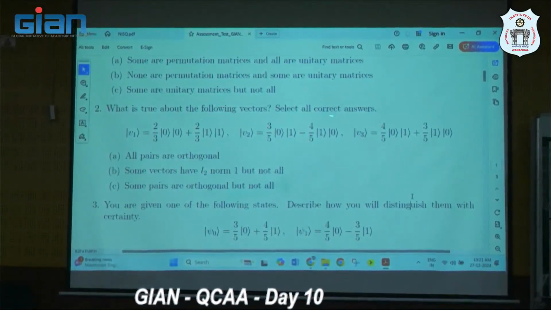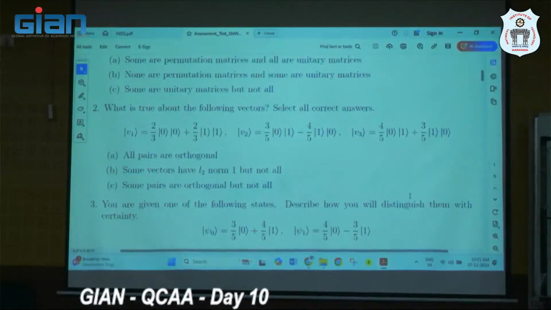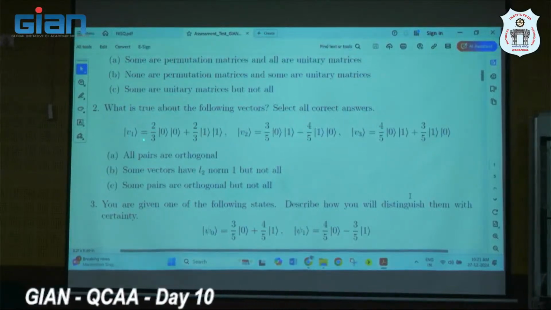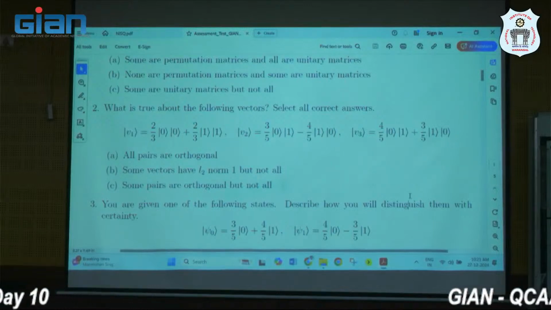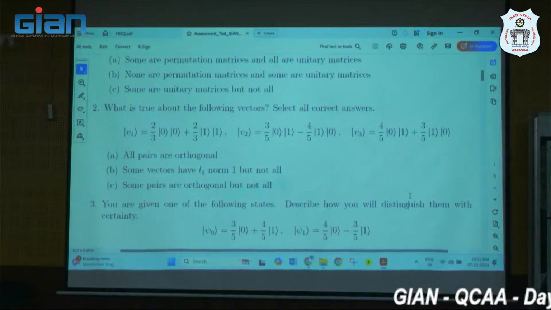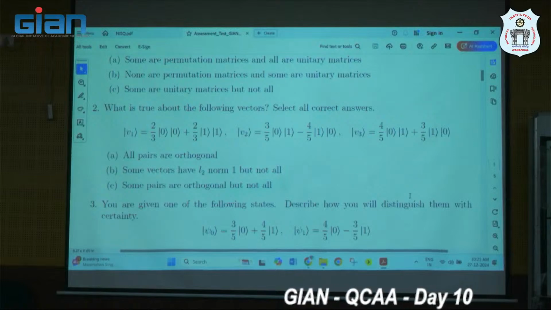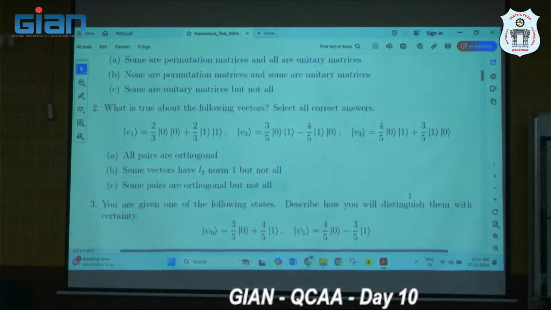What is true about the following vectors? Select all correct answers. V1, V2, V3. All pairs are orthogonal. Is that correct? Which are not orthogonal?